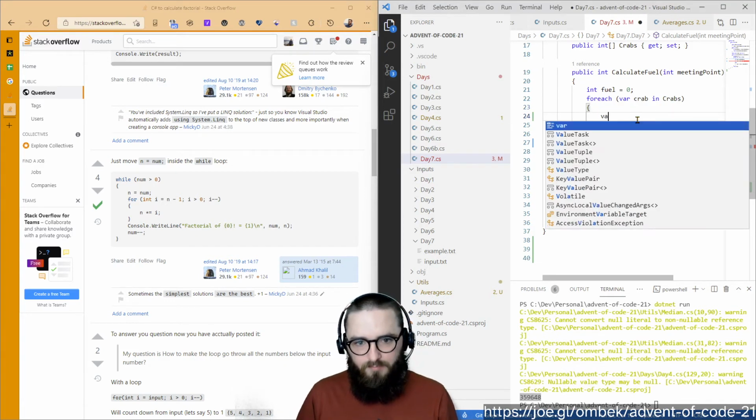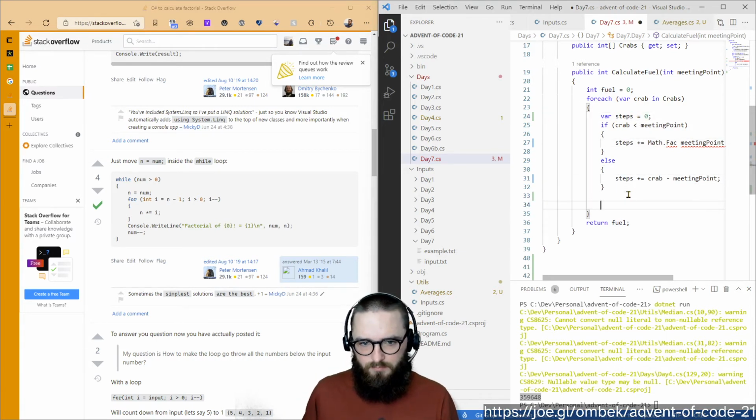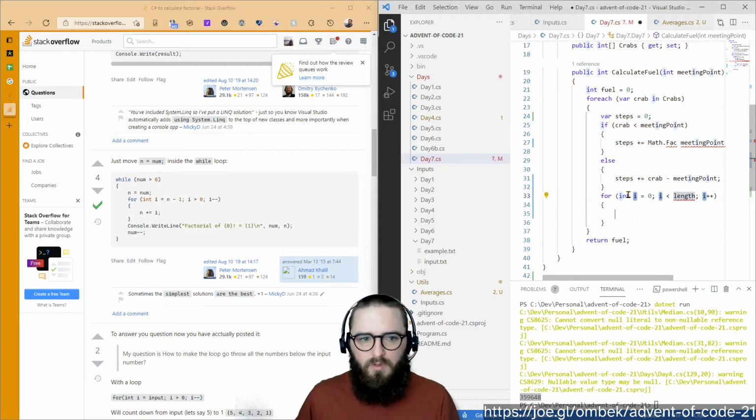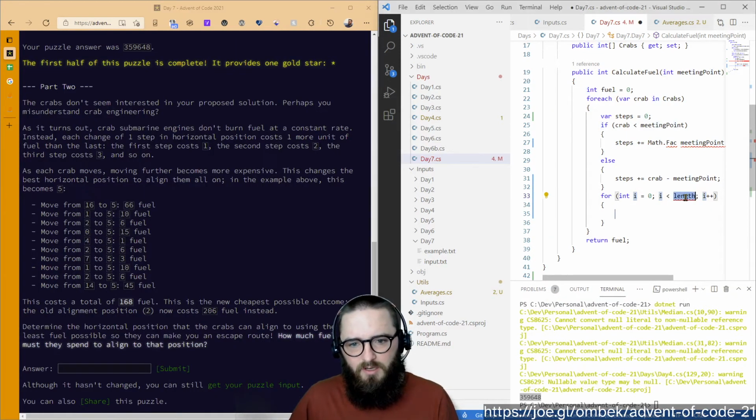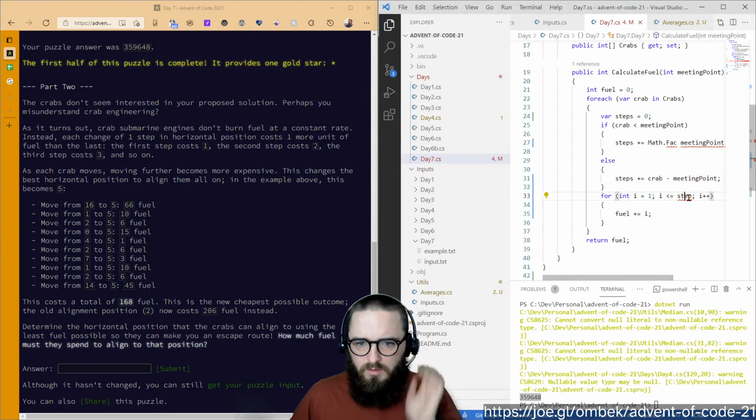Okay. Var steps = 0. You're useless. Useless C# math library. So we want to do this step number of times. I'm going to start at 1 and go up to steps, and do fuel plus equals i.